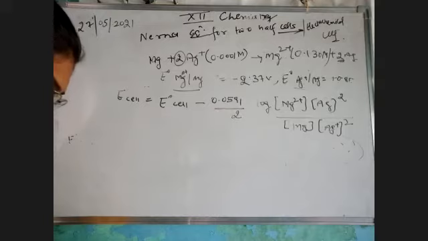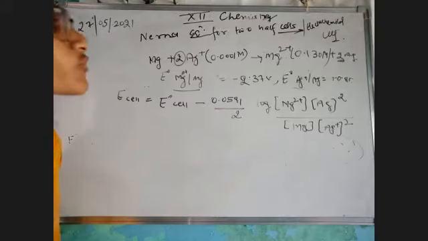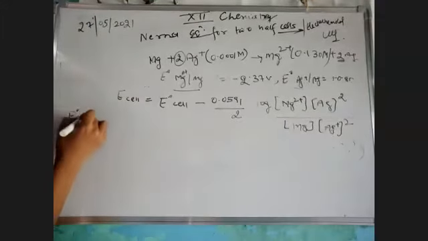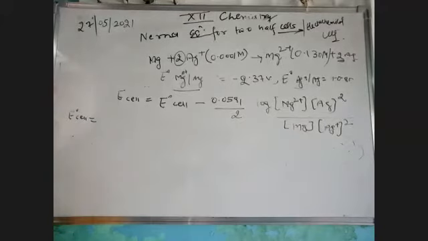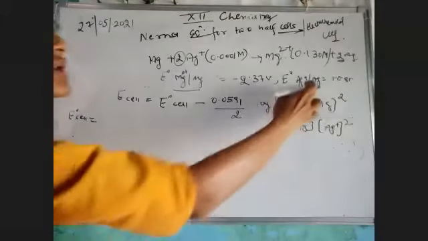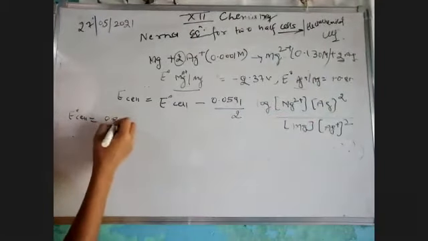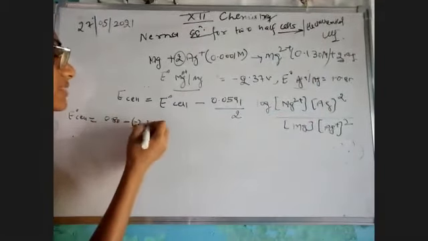Now we have been provided with each and every equation, that is E cell equals E naught cell. First of all, we have to calculate E naught cell. How can we calculate E naught cell? That is equal to E naught reduction minus E naught oxidation. Reduction is taking place in silver. 0.80 minus 2.37.